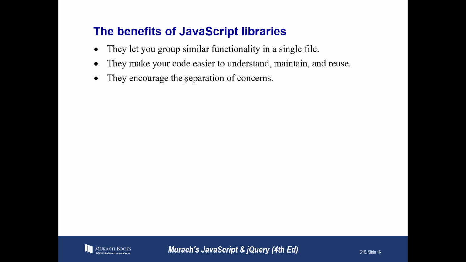We've talked about this before. HTML should contain just the content. CSS should contain just the styling of the content, and JavaScript should contain the interactivity, the programming. All right.